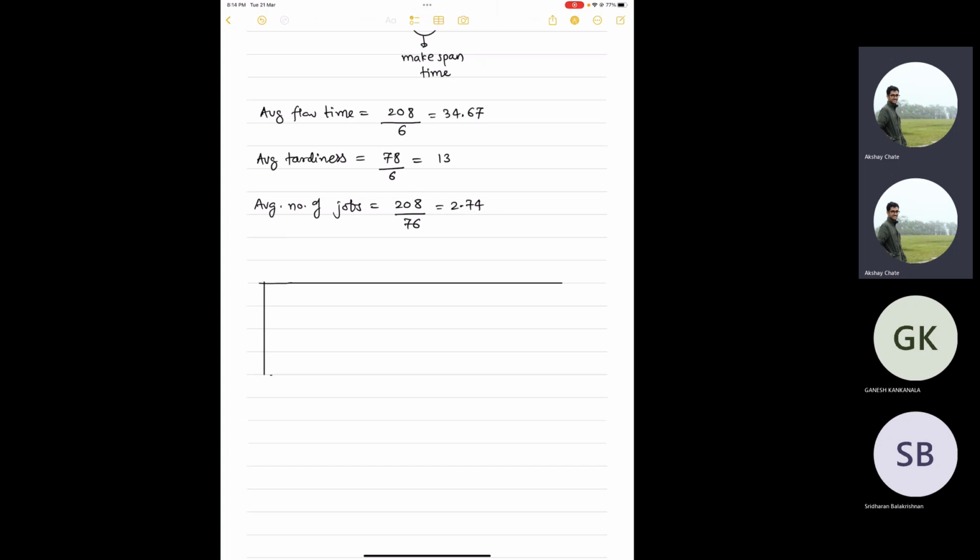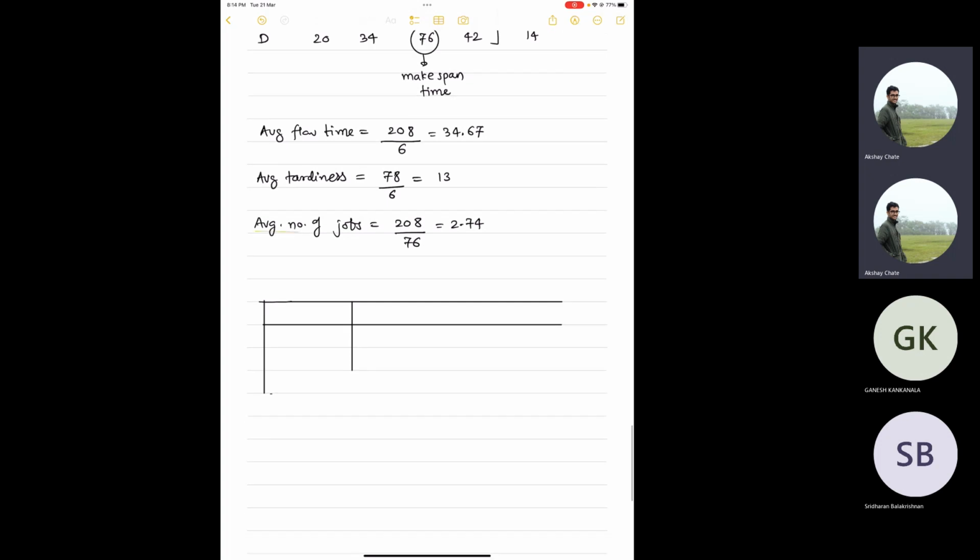So there will be a comparison between these rules. First of all, you'll do the calculation using shortest processing time. Then you'll repeat the calculations using earliest delivery date.